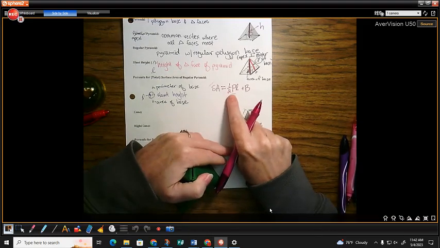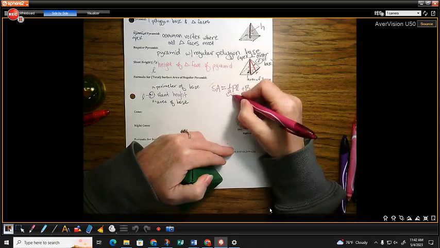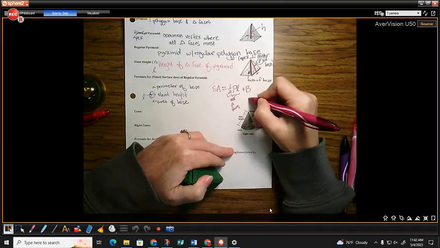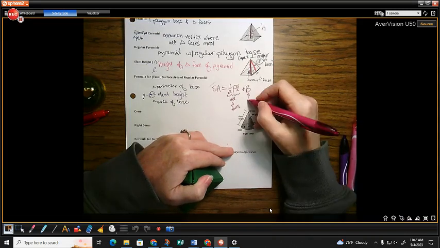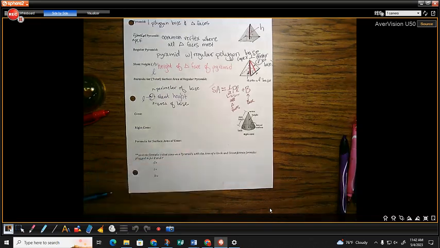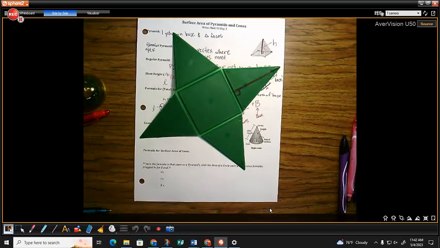The 1/2 perimeter slant height gives you all the triangle faces, and the area of the base gives you the area of the base. And so together, that gives you everything you want for your entire surface area.